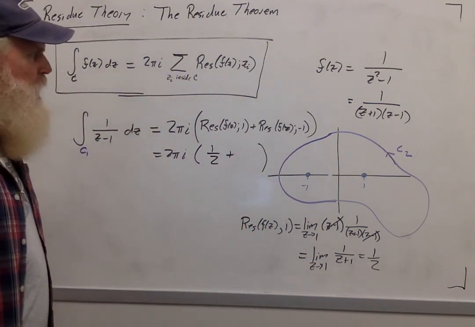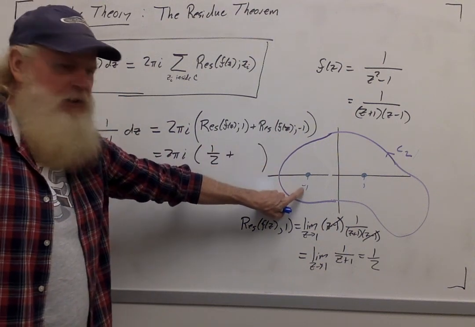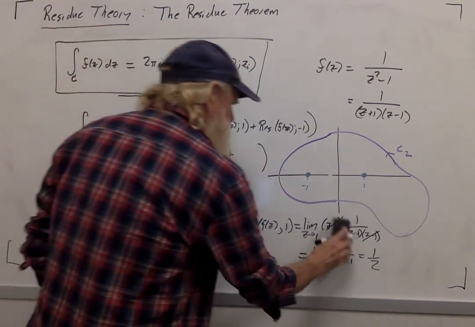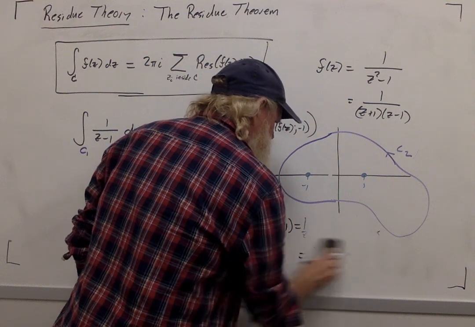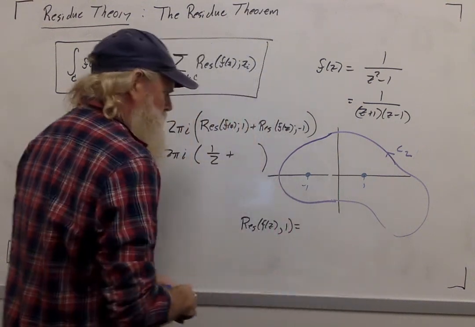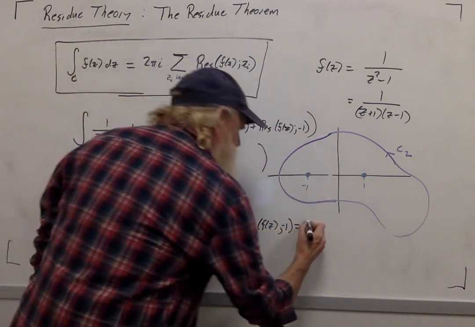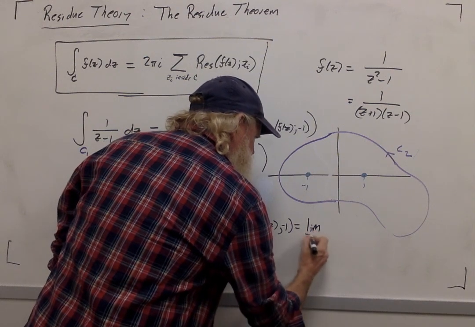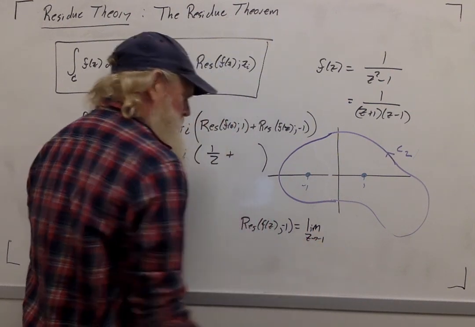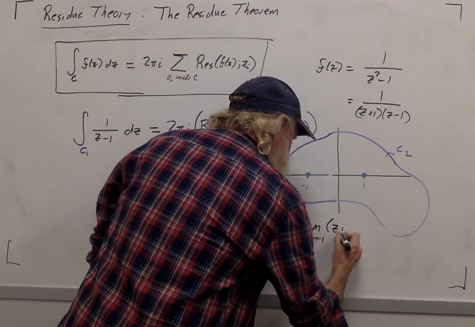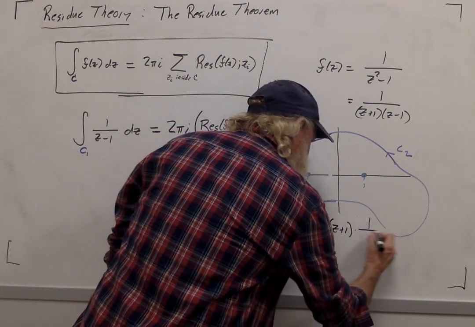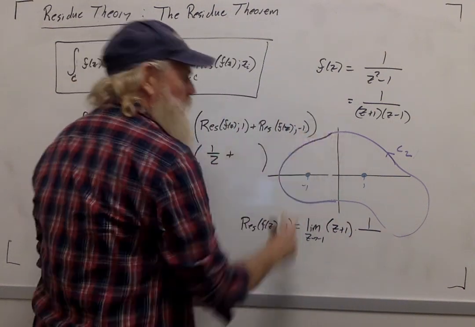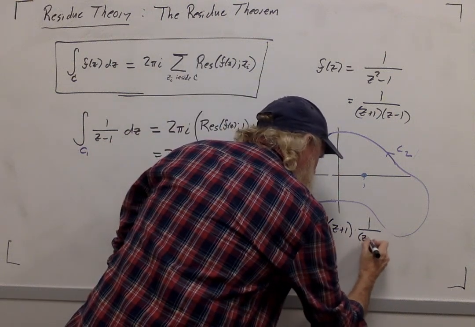Let's do some scratch work to figure out what the residue is over here at negative 1. I'll take the limit as z goes to negative 1 of z plus 1 times f of z, which is 1 over z plus 1, z minus 1.